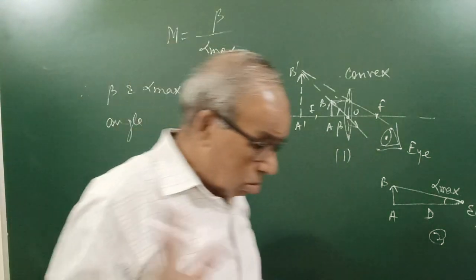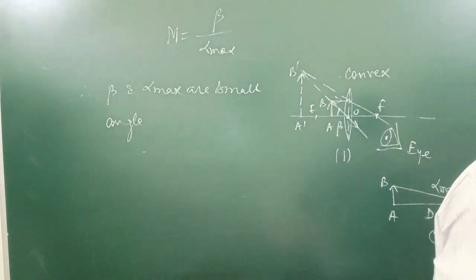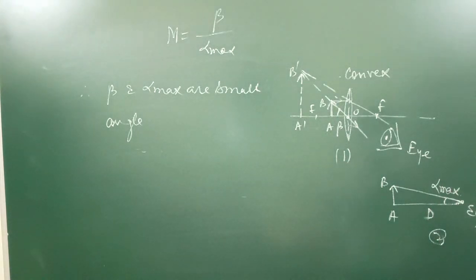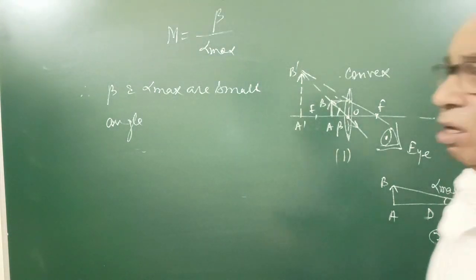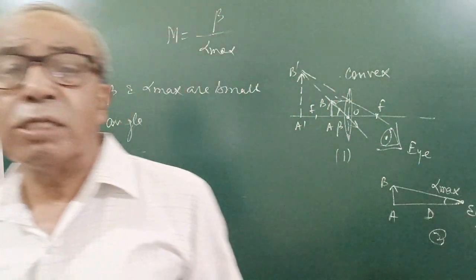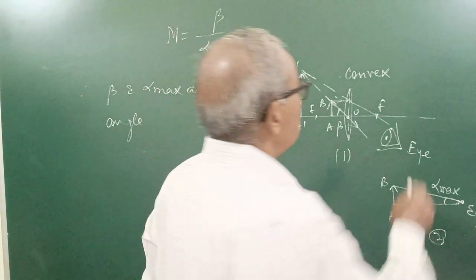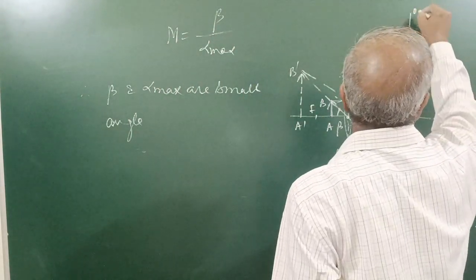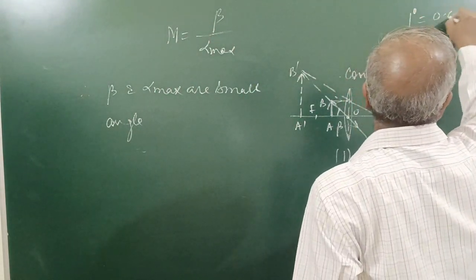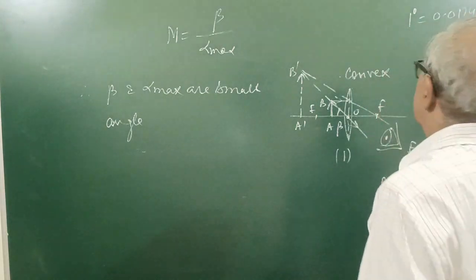Basically, I have told in one video that angle is arc upon radius, and when angle is equal to arc upon radius, we use the unit radian. And I have told you 1 degree is equal to 0.0174 radian.